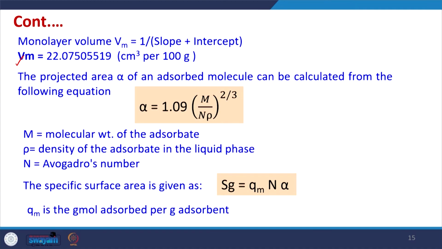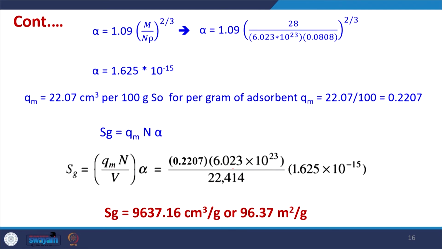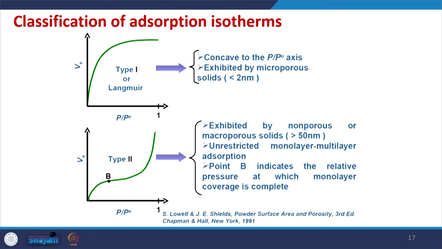Once the volume is known, because the area per molecule is known, we can determine the overall surface area, which will be 96.37 meter square per gram. So, through this we can determine the surface area.